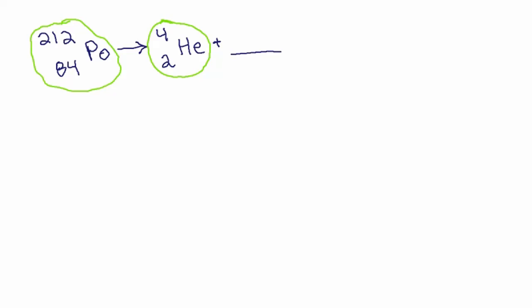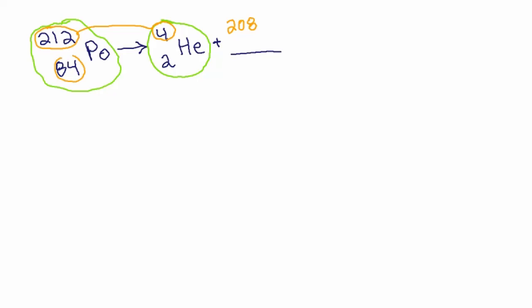So let's compare the differences just like we did with the other things. We have 212 over here and 4 is given off, so we only need 208 left to make that 212.